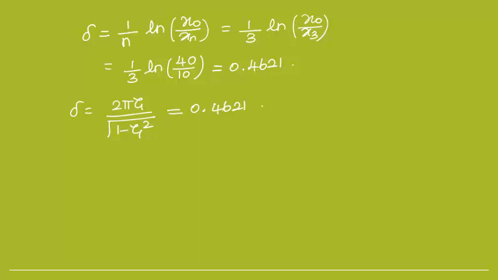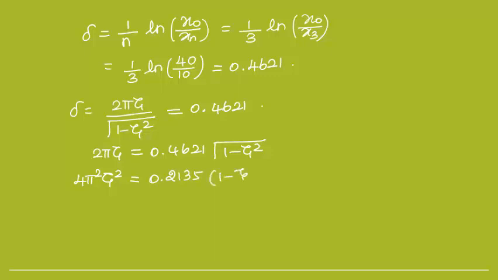Rearranging this, we have 0.4621 into root of 1 minus zeta square equals 2 pi zeta. On squaring both the sides, 4 pi square zeta square is equal to 0.4621 square, that is 0.2135, into 1 minus zeta square.